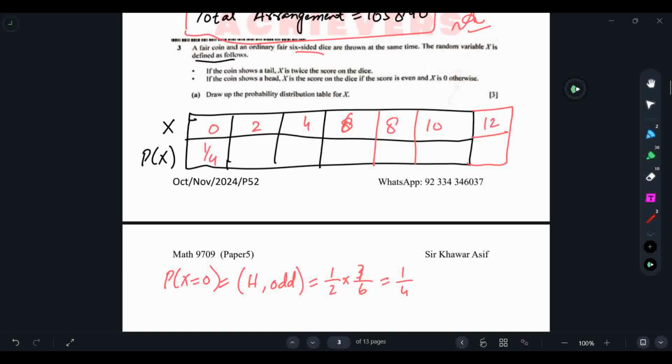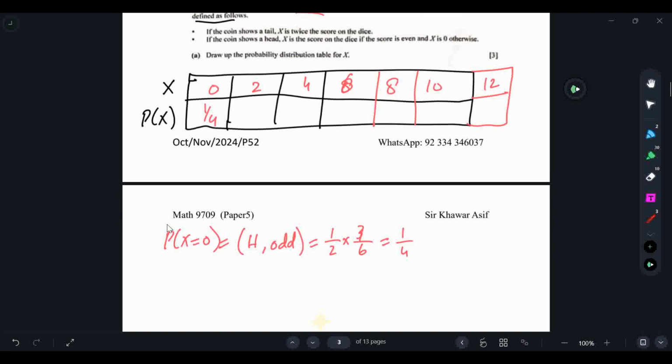Now let's find the other one. Probability of x equal to 1. This means that we can have one tail and 1, plus one head, and when head we will have 2.